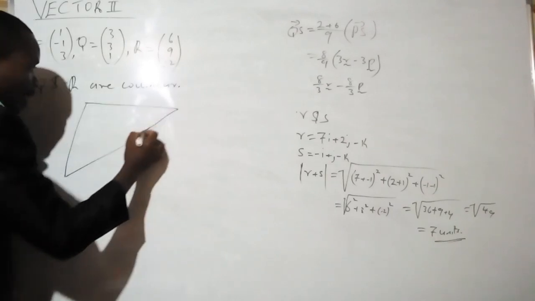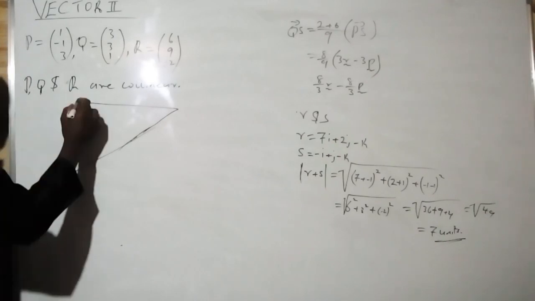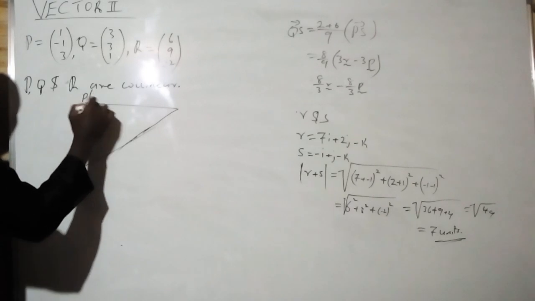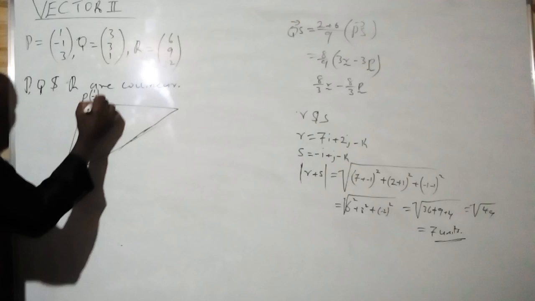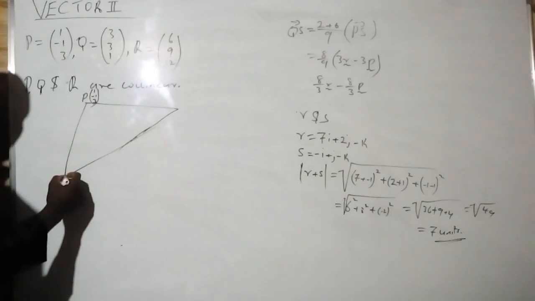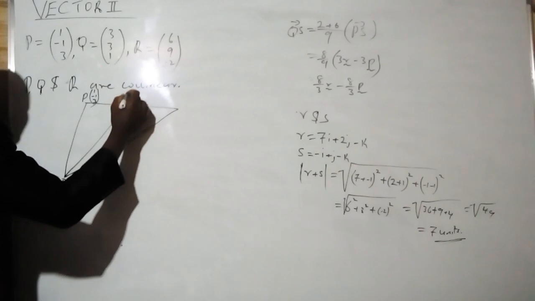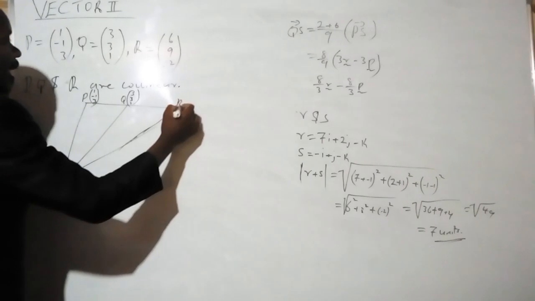You can say our origin is O. Let's say this is our P, which is 1, negative 1, 3. Then we have Q here, with 3, 3, 1, and R, 6, 9, negative 2.